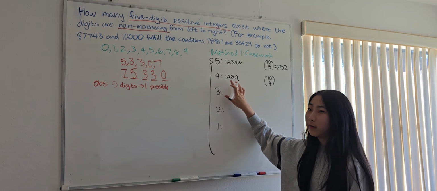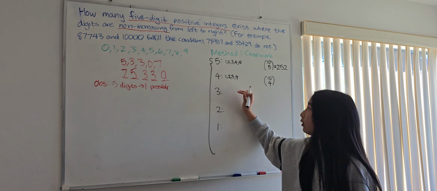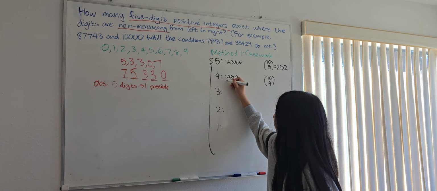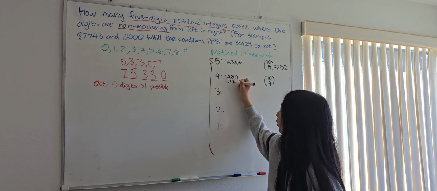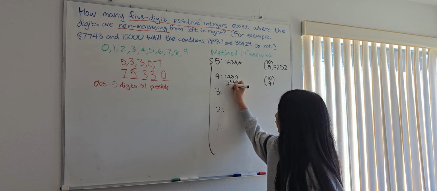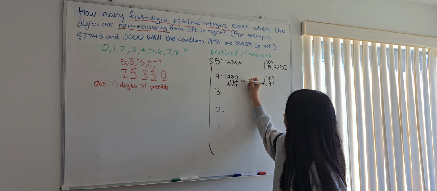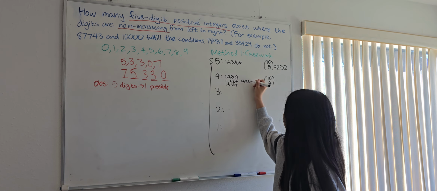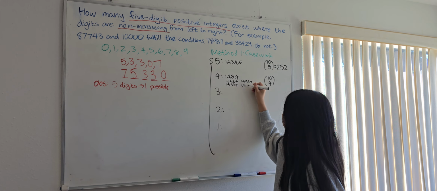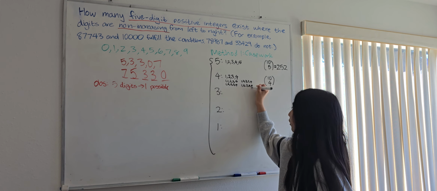This means that one of these digits will have to appear twice in our set. For example, we might have 1, 1, 2, 3, 4 as our set, or 1, 2, 2, 3, 4, or 1, 2, 3, 3, 4, or 1, 2, 3, 4, 4 as our set.